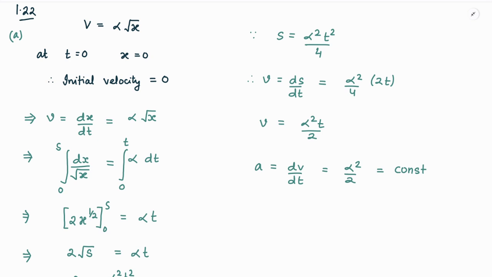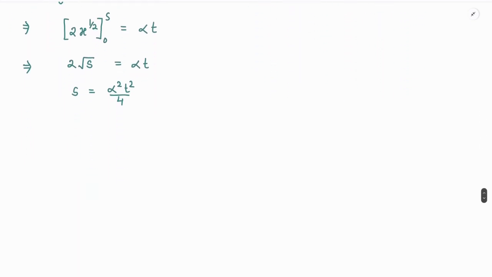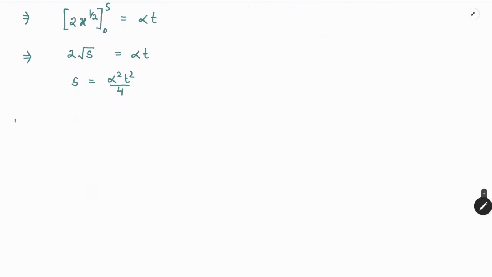So the first s meters of the path is to be covered, and over here we are asked to calculate the average velocity. So since s is equal to alpha square t square by 4, to cover s distance it will take a time t equals root of 4s upon alpha square, that is 2 by alpha root s.